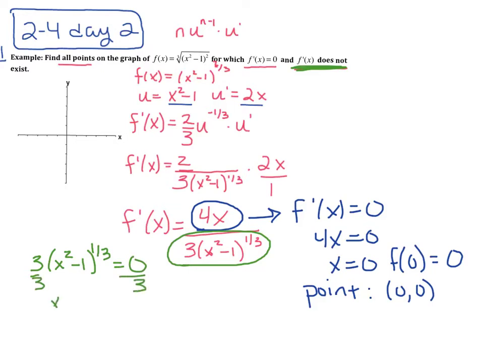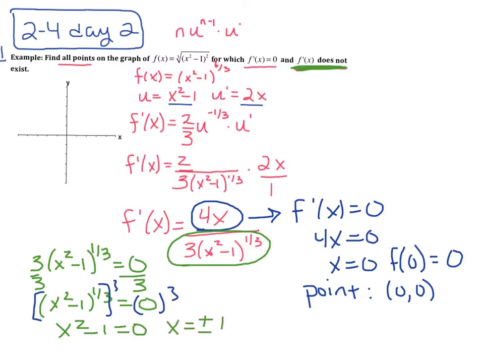So I get x squared minus 1 raised to the 1/3 equals 0. I can raise both sides to the power of 3, and that gets rid of my exponent over there, so I have x squared minus 1 equals 0, and here I'm going to get x equals plus or minus 1.